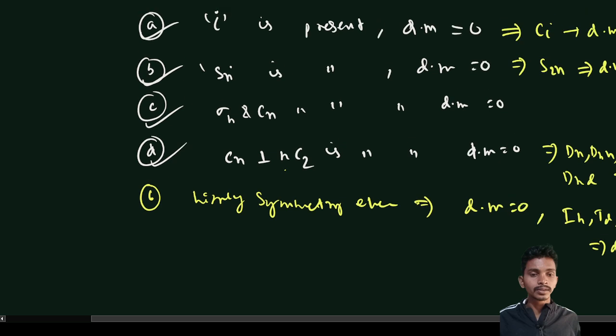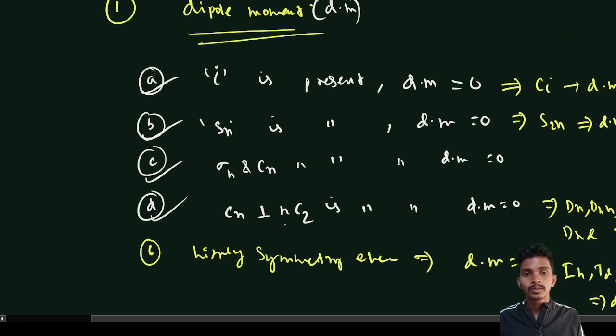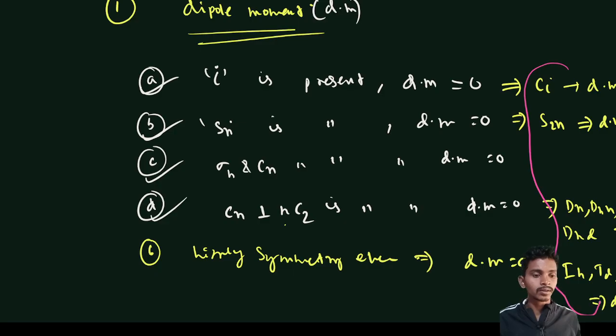So if this type of point groups are present, then the dipole moment is always 0.